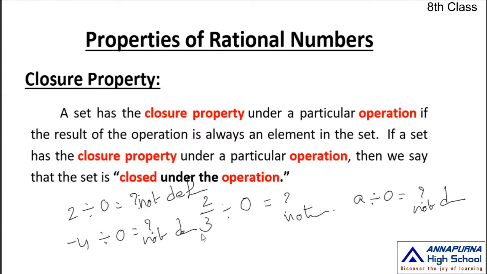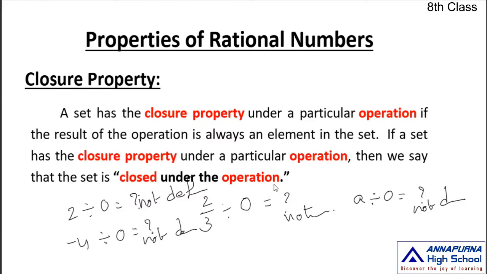Why? Because here we are dividing a number by 0. The result is not defined. If it is not defined, how can you say it is a rational number or another number? We can't say. So this is the counter example.